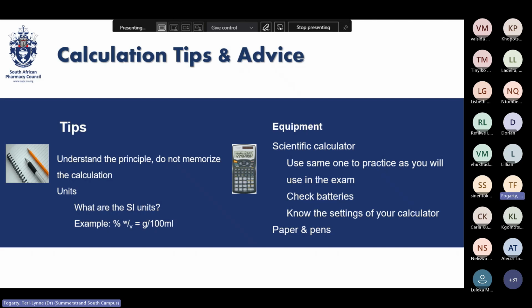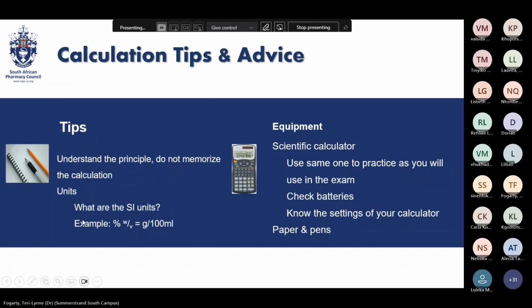Don't try to memorize questions. All the calculations are considered to be applied because you have to do something to get to an answer. It's not something that you just look up in a textbook. So you need to understand the principle and apply it to the question. Even if it's a basic conversion, you are still applying a principle.